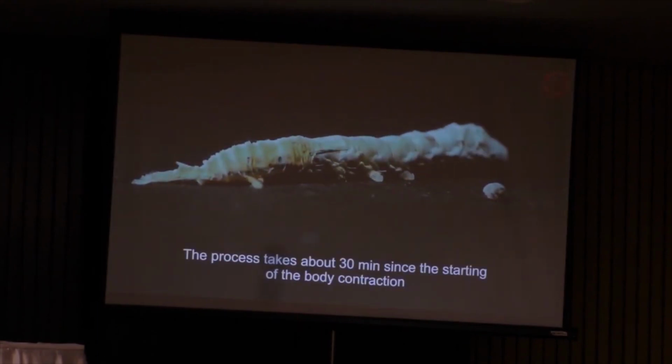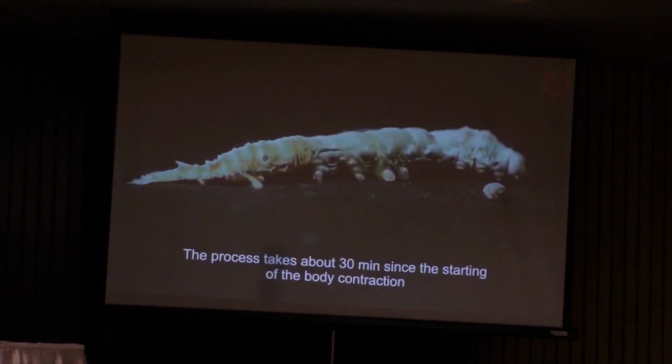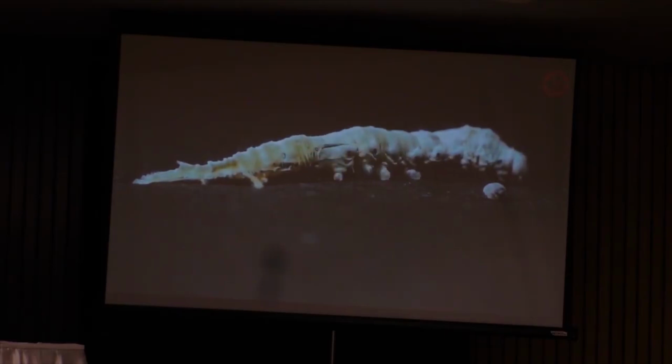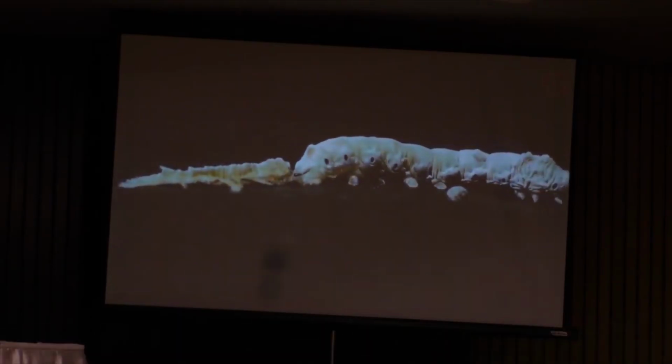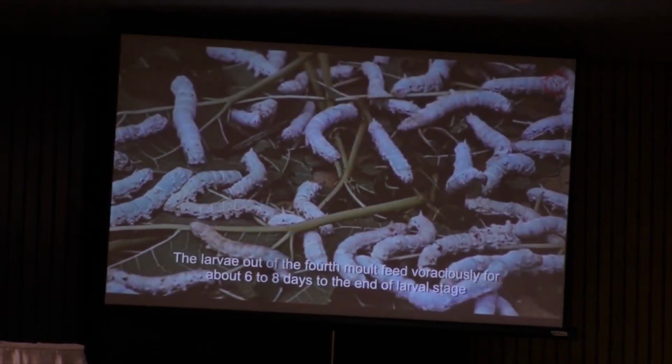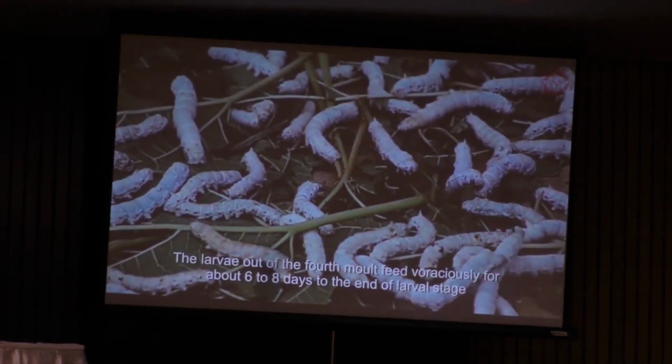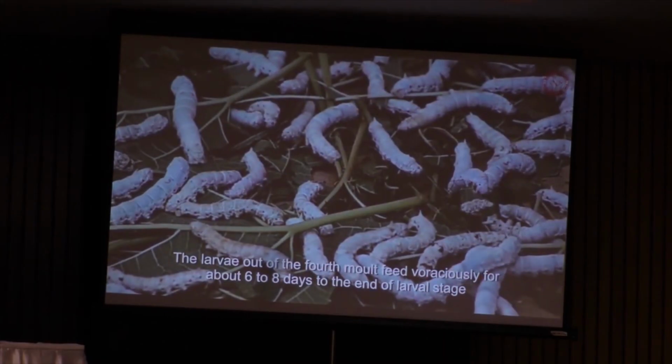The process takes about 30 minutes, since the starting of body contraction. The larvae out of the fourth molt feed voraciously for about 6 to 8 days to the end of larval stage.